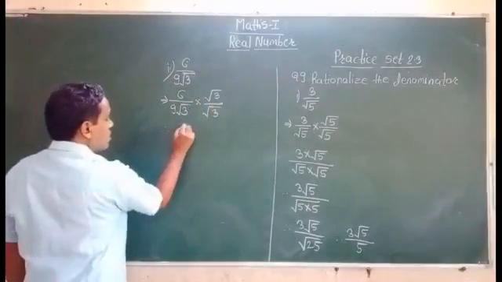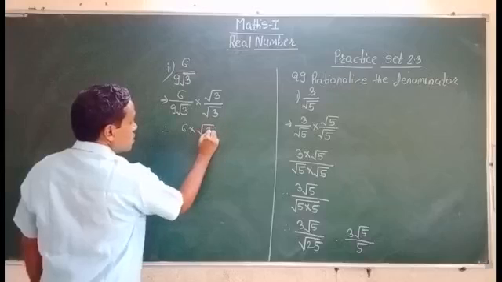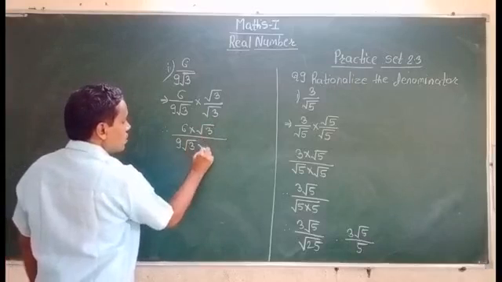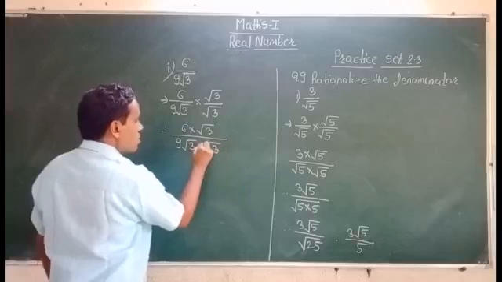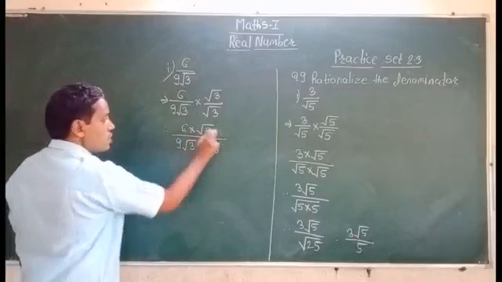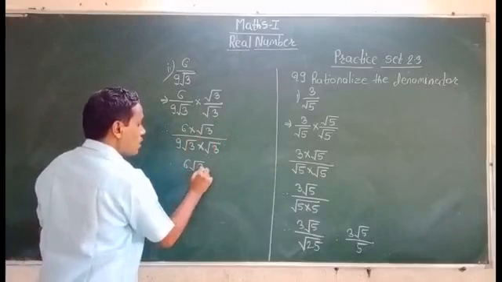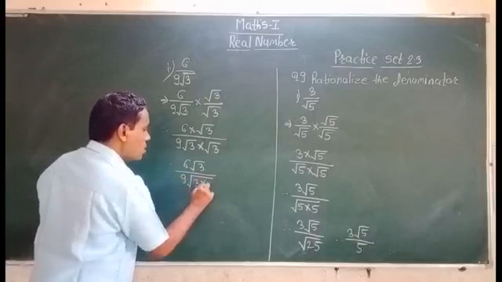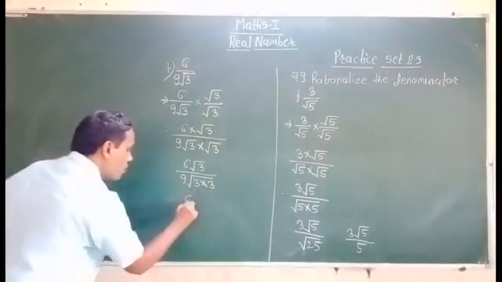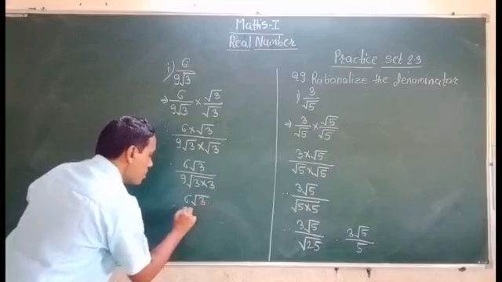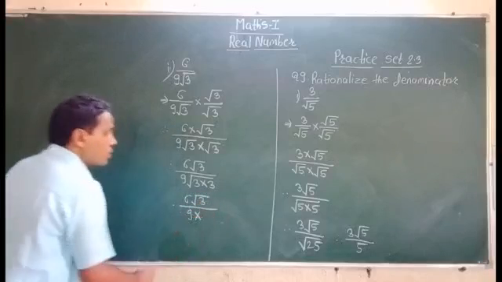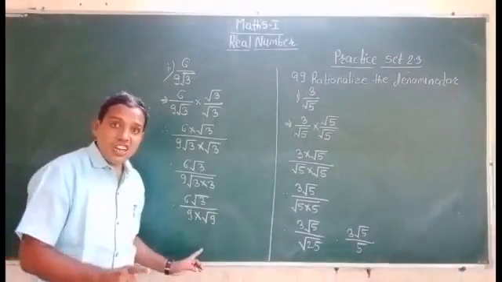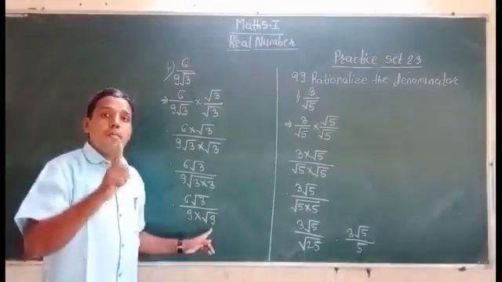You get the answer 6 into root 3 upon 9 root 3 into root 3. Therefore, 6 into root 3 upon 9 into root of 3 into 3. Therefore, 6 root 3 upon 9 into root 9. Root 9 is not a surd, because 9 is a perfect square number.